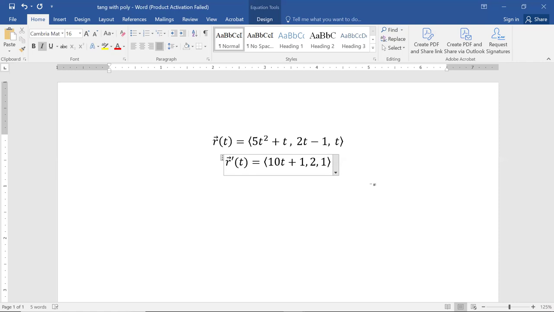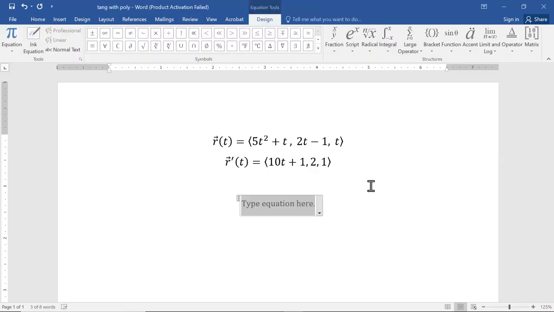Here, the magnitude is going to vary depending on what value of t we plug in. And that's fine. That just means that when I create the unit tangent vector, that constant out front is not going to be constant.